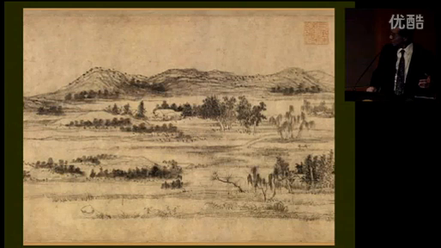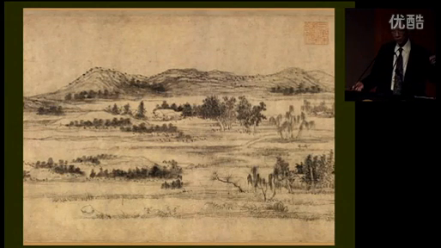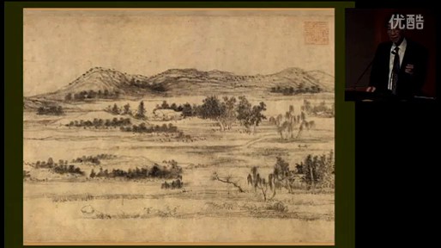The emphasis here is not on any kind of realistic representation of an actual landscape, but on the elegant brushwork. And this is how Chinese paintings have been looked at ever since.